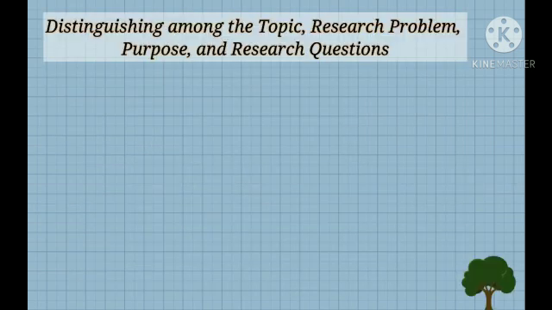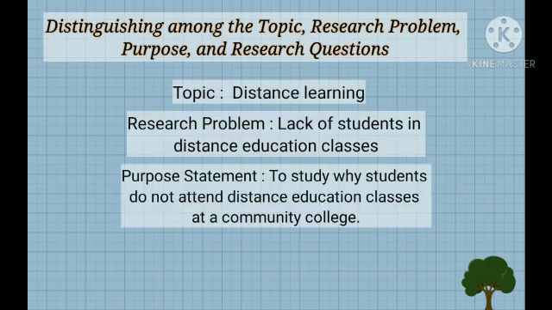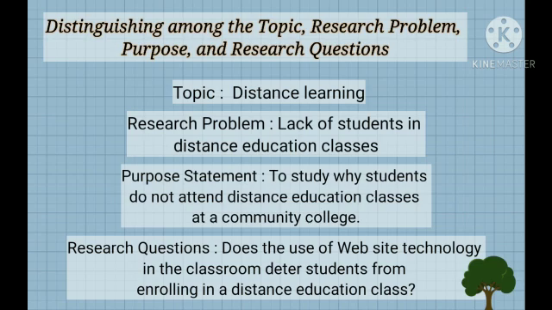Distinguishing among the topic, research problem, purpose, and research questions. So this is an example of topic, problem, purpose, and questions, moving from the general to the specific. So we get the topic about distance learning. The research problem is lack of students in the distance education classes.